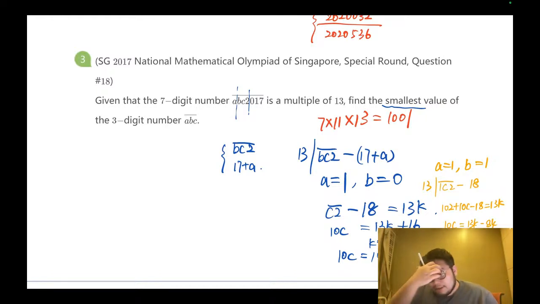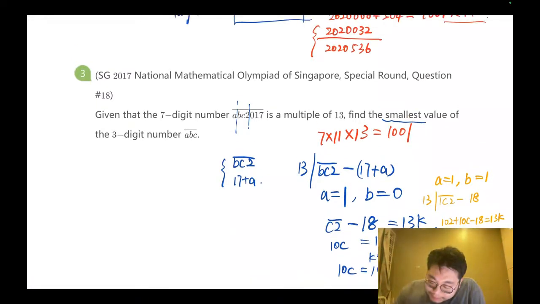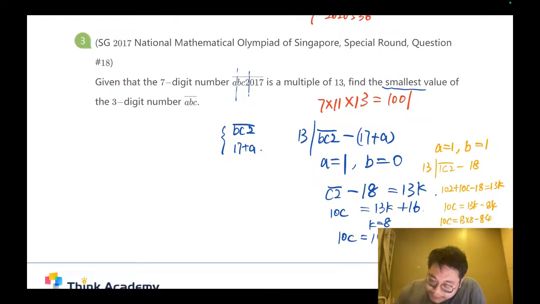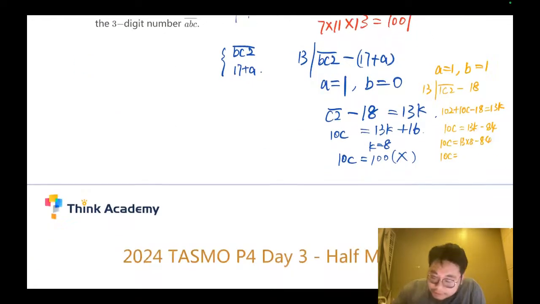Then you can just try maybe K equals 8, right? 10C equals 13 times 8 minus 84. So 10C equals 104 minus 84. 10C equals 20. So C equals 2.